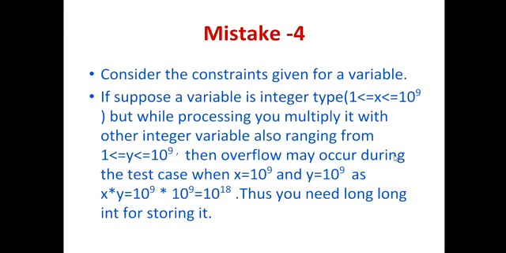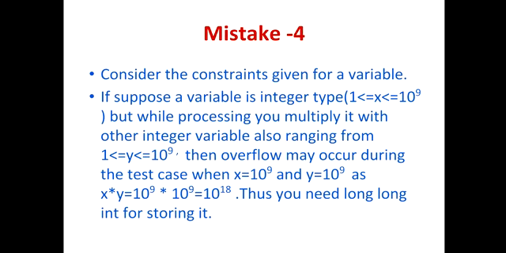Always look for the constraints given for a variable. Basically, I want to say, read the problem statement carefully. Suppose you have a variable of integer type ranging from 1 to 10 power 9, but while processing, you multiply it with another integer variable also ranging from 1 to 10 power 9. Now consider the extreme case, the maximum case, where x equals 10 power 9 and y equals again 10 power 9.